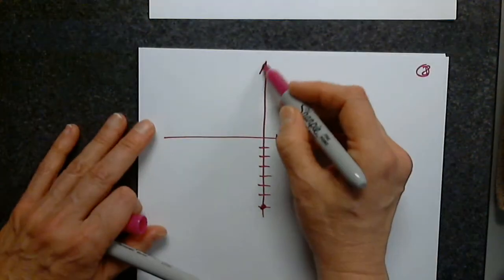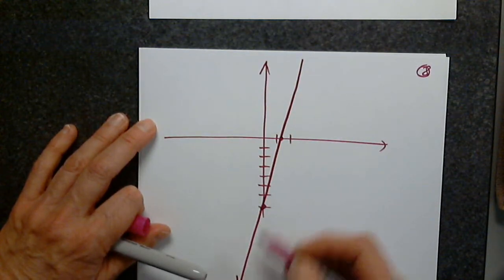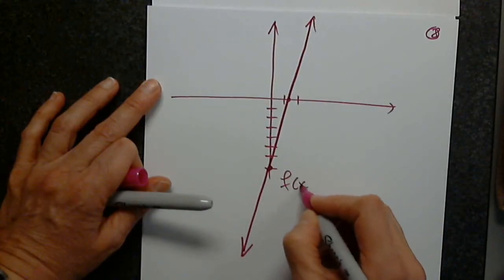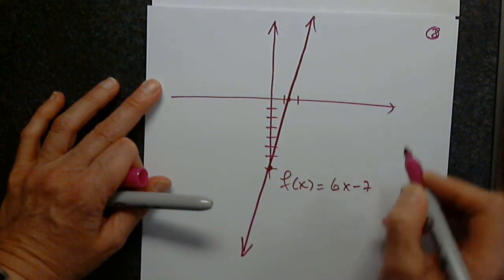So here's the graph of the function f of x equals 6x minus 7.